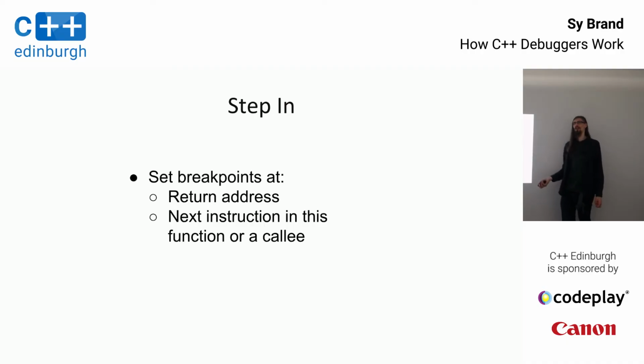So essentially you have to look at the current instruction and say, okay, where are the possible places this is going to go? Or maybe by looking at the program state, I can work out exactly where this is going to go. And then you can set a breakpoint there. So sometimes you'll end up setting multiple breakpoints because you don't know exactly where something's going to end up jumping to. Yes, go on.